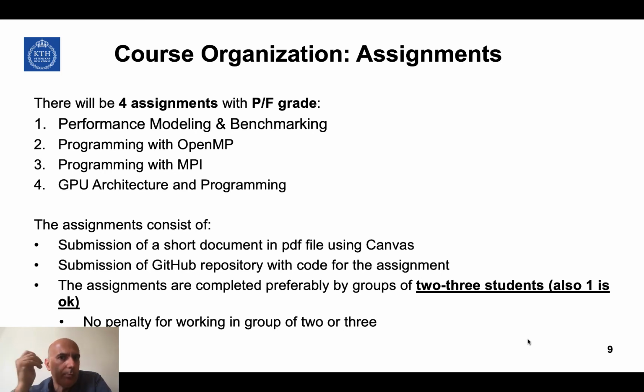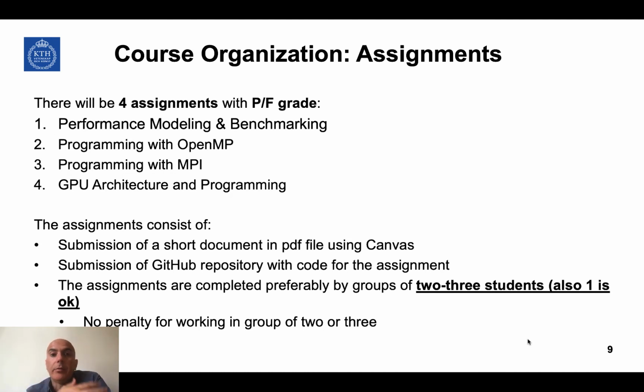So you create a group by one person and then you submit it. But preferably, I think one of the goal of this course is also the collaboration with other people that might have different knowledge of computer science. So it would be good if you collaborate with other students for the assignment.